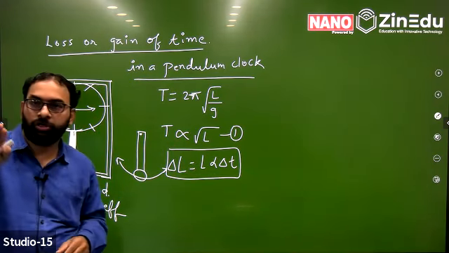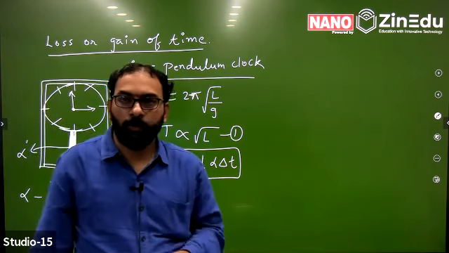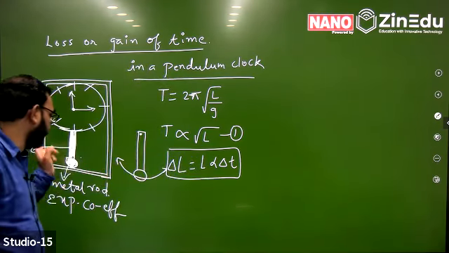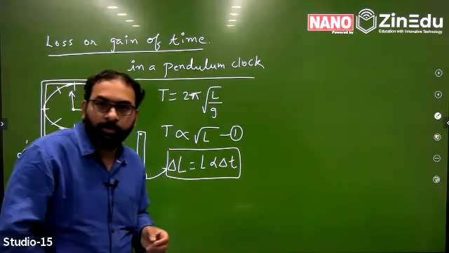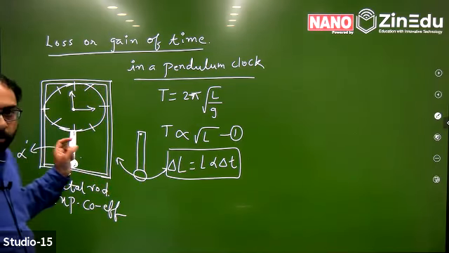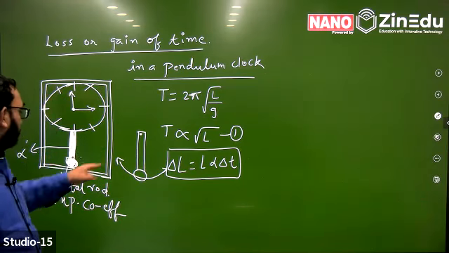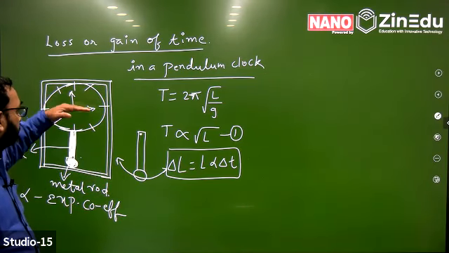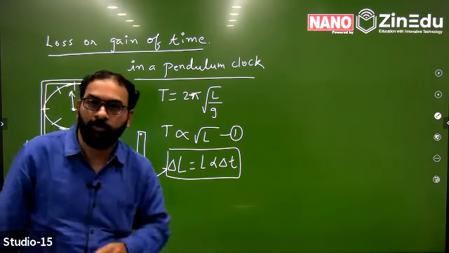One to and fro motion is counted as 1 second, as you know. Like that, if this rod oscillates 60 times, 1 minute is spent. Based on that mechanism, the clock is adjusted such that for 60 oscillations, 60 seconds, that means 1 minute, the minute hand will move by 1 unit.